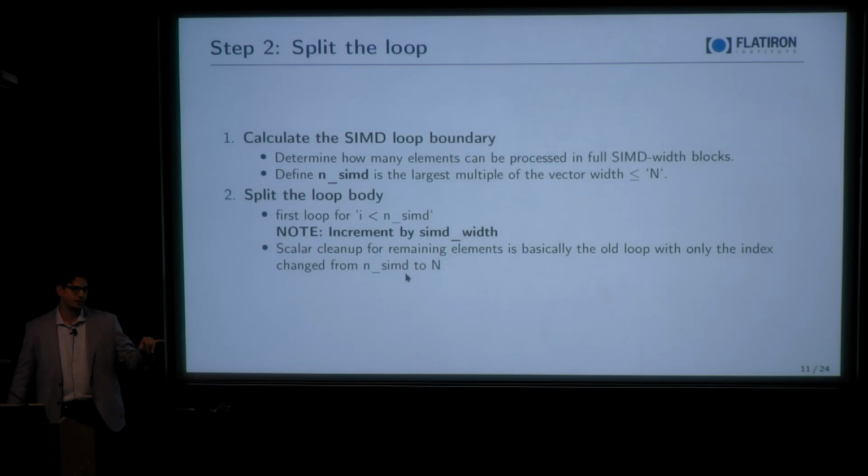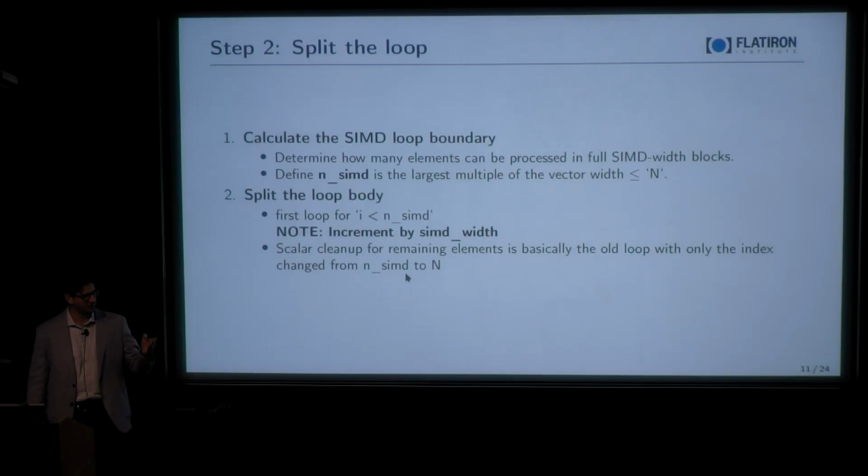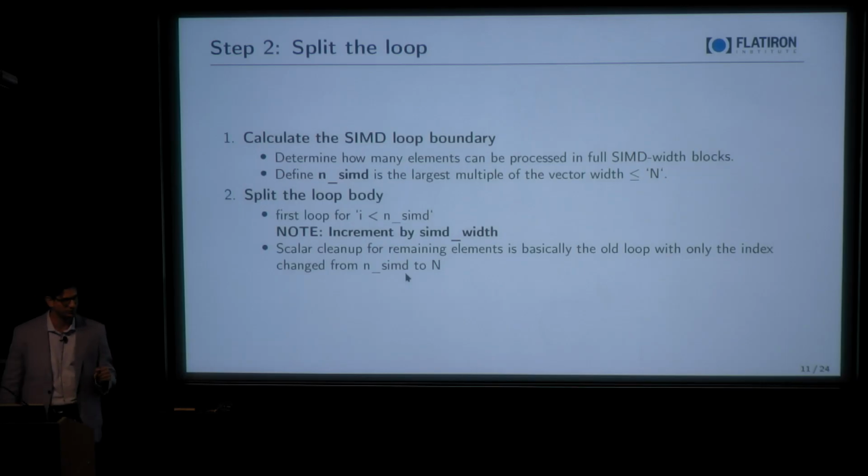Because imagine, if I'm iterating over 10 elements and my SIMD lanes are 4, I will do 4, 8, and then 12. So the last iteration does an out-of-bounds memory access, which, if you're lucky, is going to crash your program with a meaningful error. If you're unlucky, it's just going to proceed and give you wrong results, and you'll have a hard time figuring out why. Use sanitizers. That will tell you that you're doing something wrong.